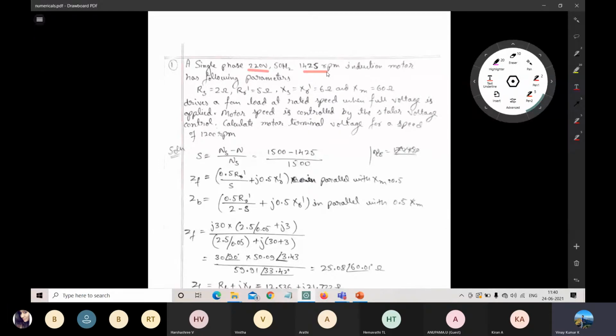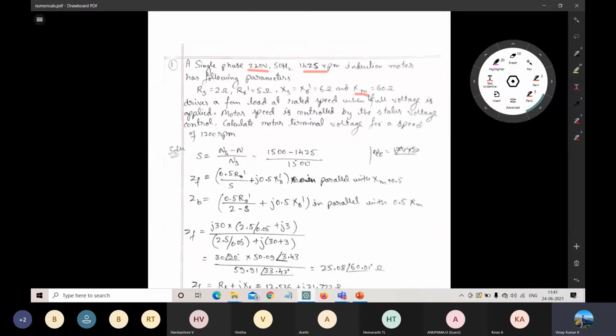So it has the stator characteristics, or you can say the parameters RS, RR dash, XS, XR dash, and also XM. So XM comes into picture for a single phase induction motor. It drives a load at rated speed when full load voltage is applied.